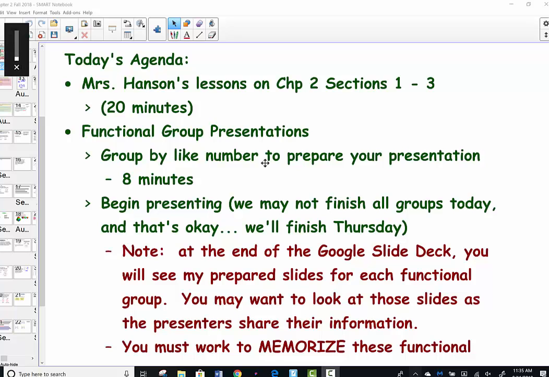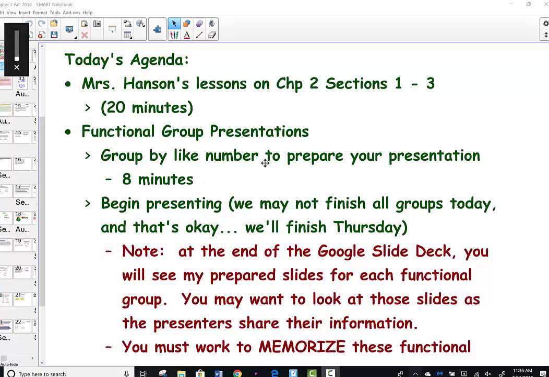When we begin presenting, we'll go right in numerical order, so you'll know when your turn is coming up. If you're not presenting, your job is to just simply be a polite audience member and absorb everything like a sponge, perhaps even write a few things down. I am letting you know that if you follow the Google slide deck, my presentation on your Canvas, I just took these slides out and put them at the very end of the presentation.